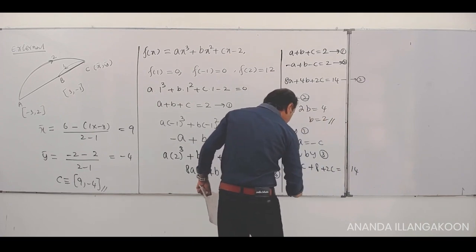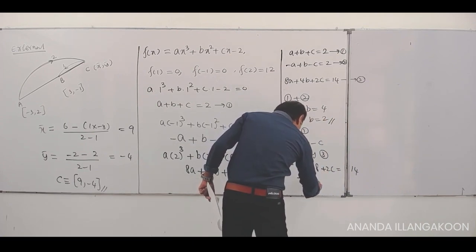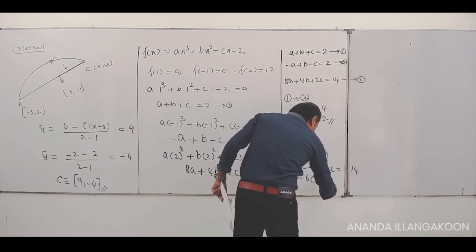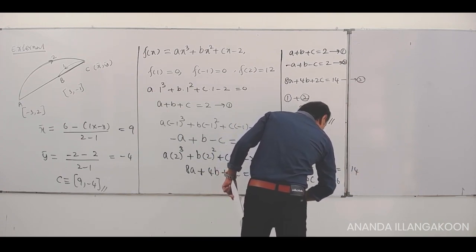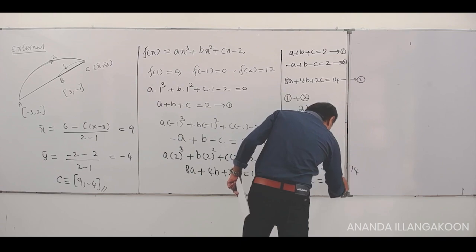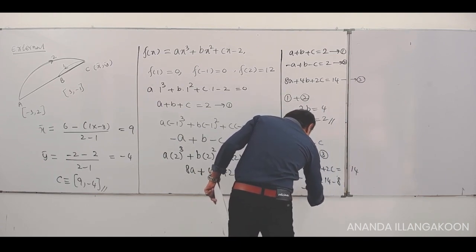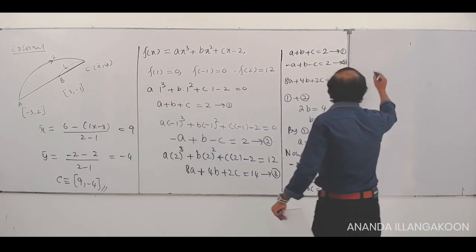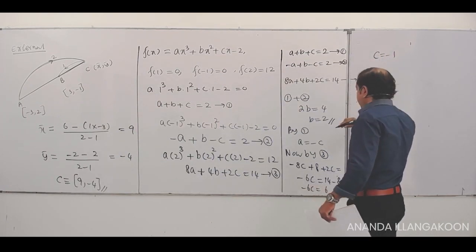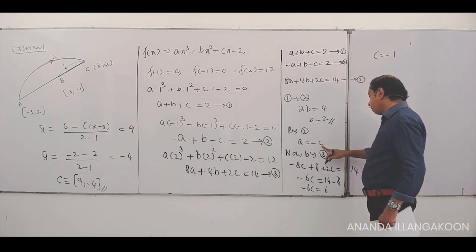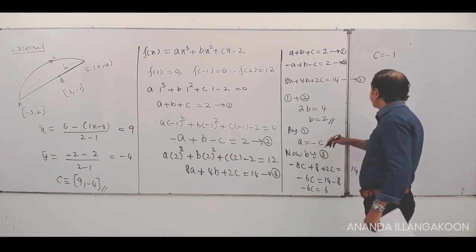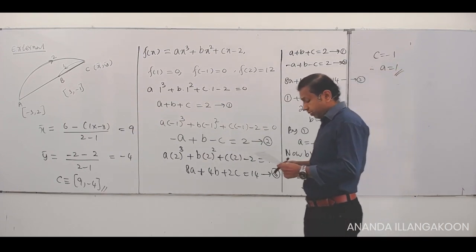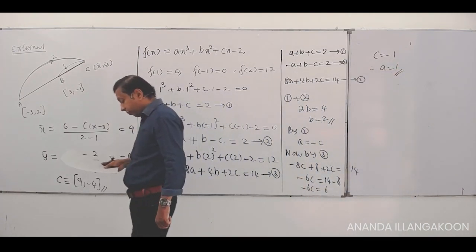Then we get minus 6c plus 8 equals 14. When you take this side, we get 14 minus 8, which is 6. Minus 6c equals 6, c equals minus 1, no? C is minus 1, put minus 1 here, minus minus plus, a equals 1. Therefore, a equals 1. Right. This way we can take the answers.